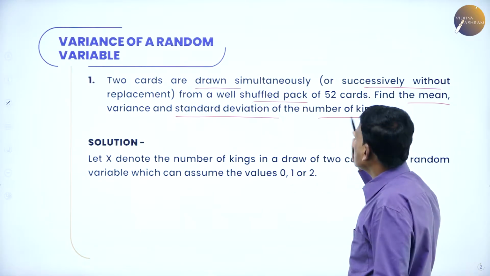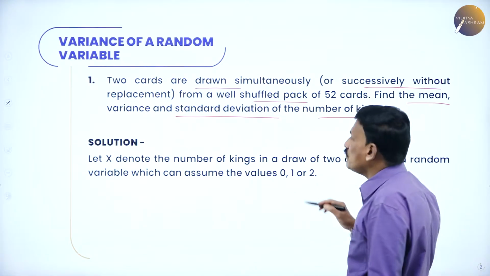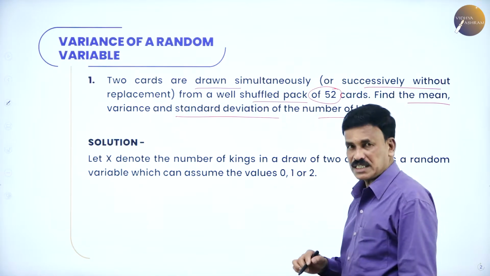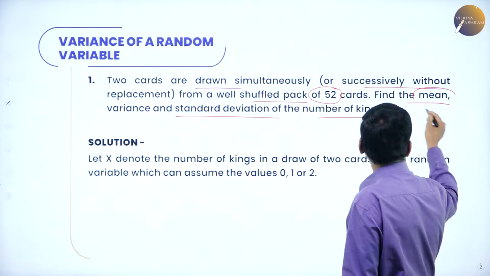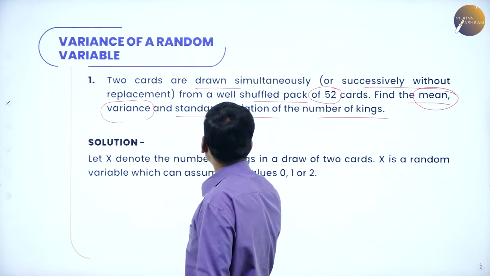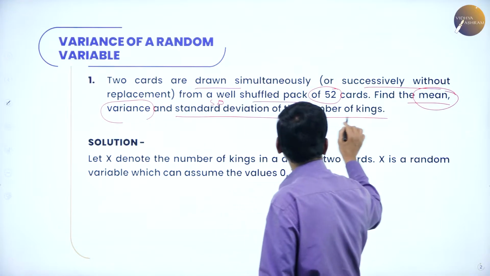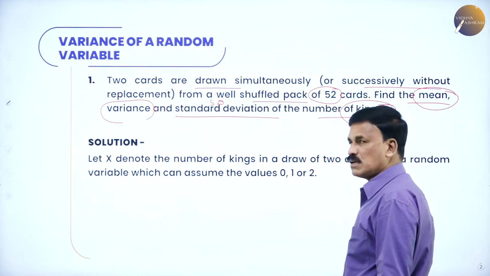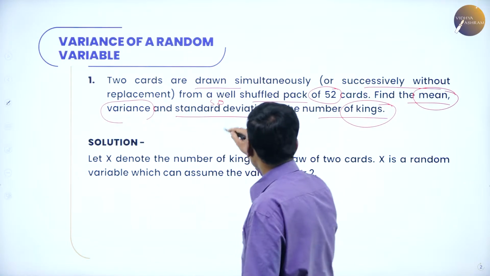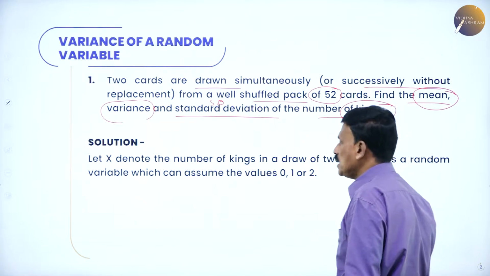The mean, variance and the standard deviation of the number of kings only.